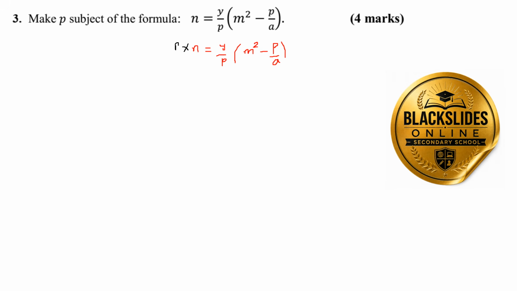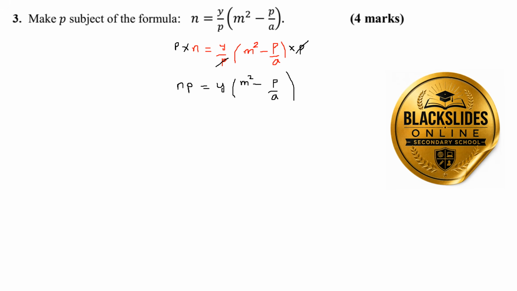So multiply this side by p, this side also by p, so that this can cancel out. So we have np being equal to y, open brackets, m squared minus p over a. I hope you are following this workout. It's very, very important that you do.